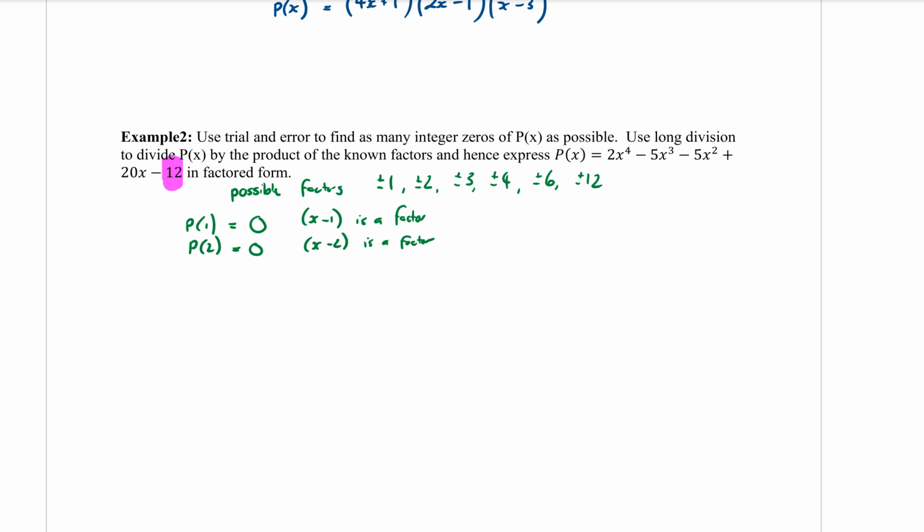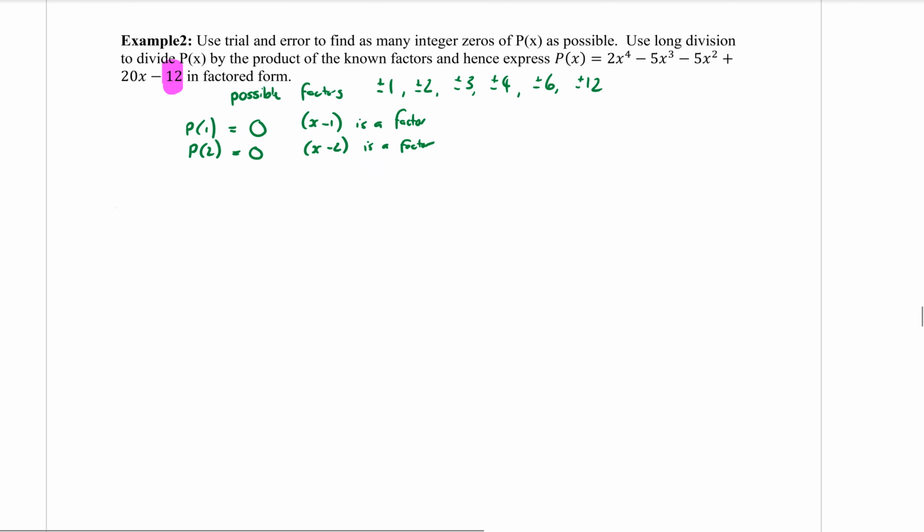So once I have found 2 factors, then because it's a degree 4 polynomial, I'm hoping that I can find my other 2 by using long division. So the 2 that I have, the x minus 1 and the x minus 2, I times them together and expand them out. That's x squared minus 2x minus x plus 2, which is x squared minus 3x plus 2.